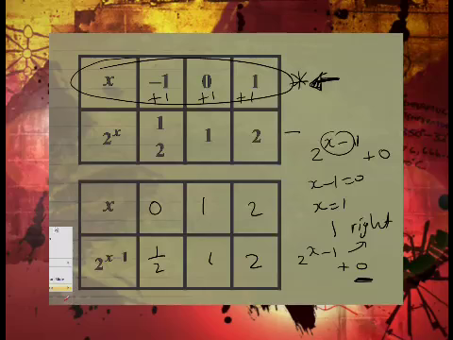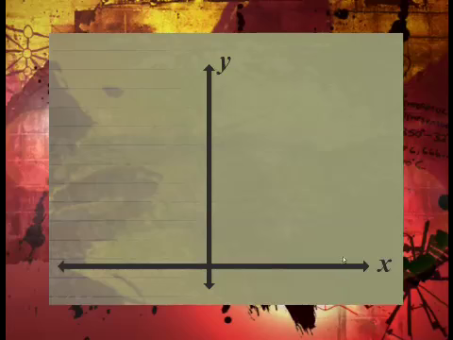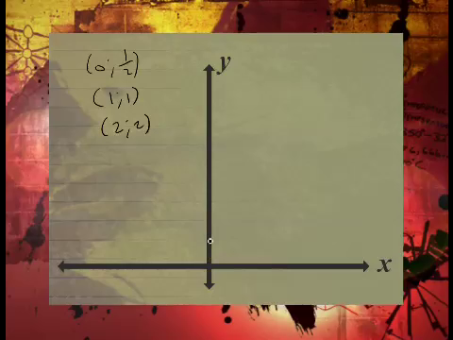Let's check what happens here. If we go to our diagram, we're going to shift left and right. So let's get a pen here. I'm just going to rewrite those coordinates that we got from last time: 0, 1, 1, 2, and 2, 4... So 0, a half will go there.